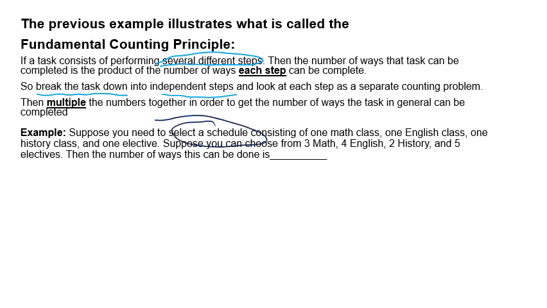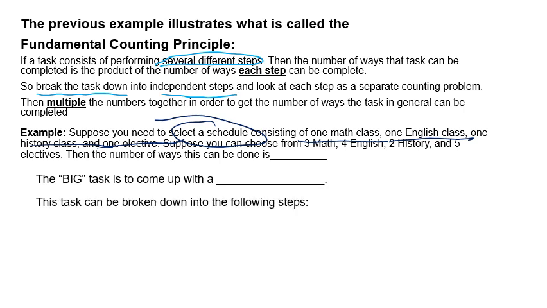That task consists of picking a math, an English, and a history, and one elective, right? Well, the big task is to come up with a schedule. I left that out. This is unedited, so it should say schedule right here, all right?